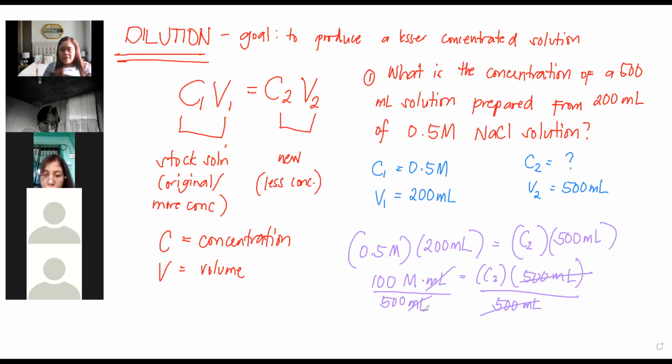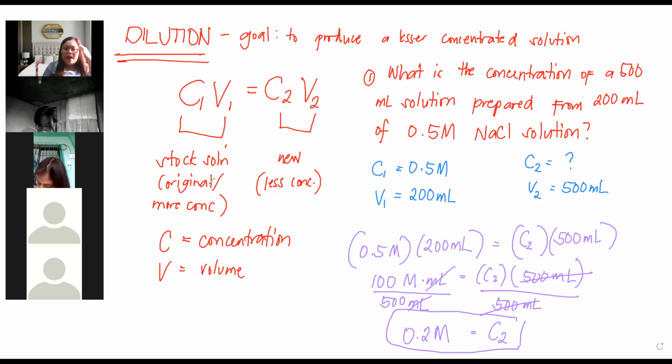Let's cancel the ml also on the other side and you will be left with molarity. So that is now the unit for the concentration. So in this side, you will have the C2. So 100 divided by 500 is 0.2 molar.